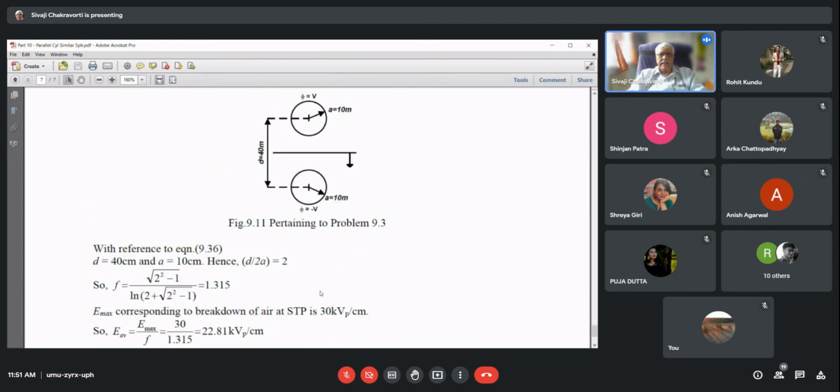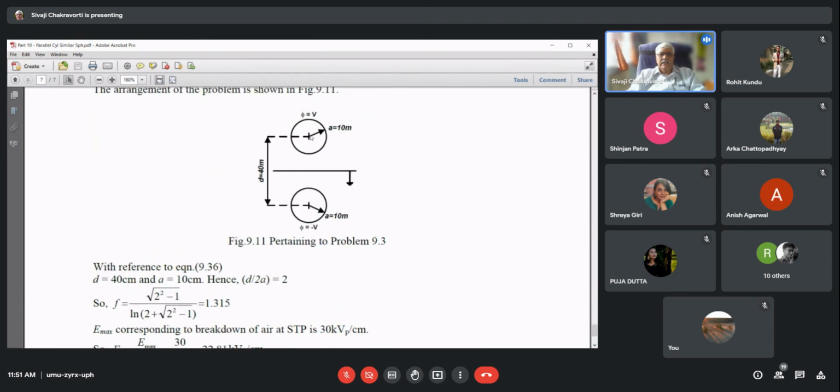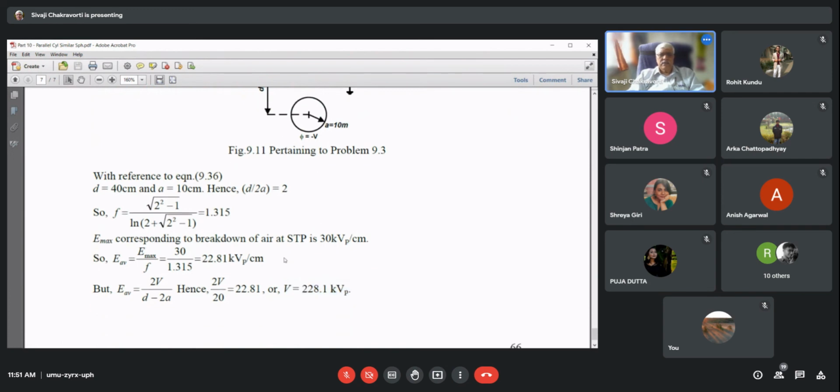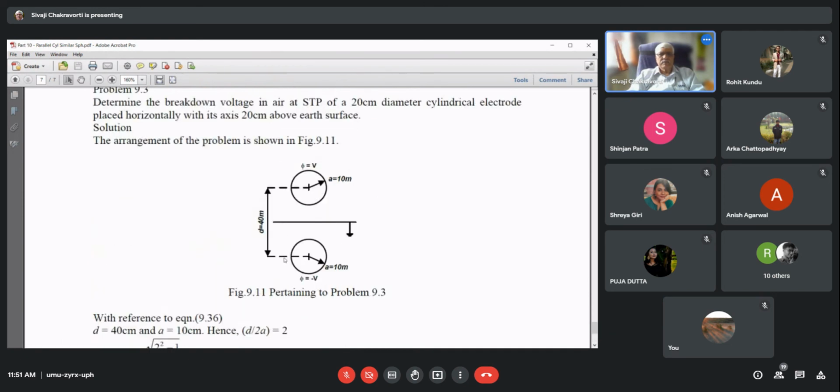228.1 kV peak. So this cylinder, which is 10 centimeter radius, placed at a height of 20 centimeter from the Earth's surface, will break down at 228.1 kV peak, which we can determine from the analytical analysis that we have discussed today.